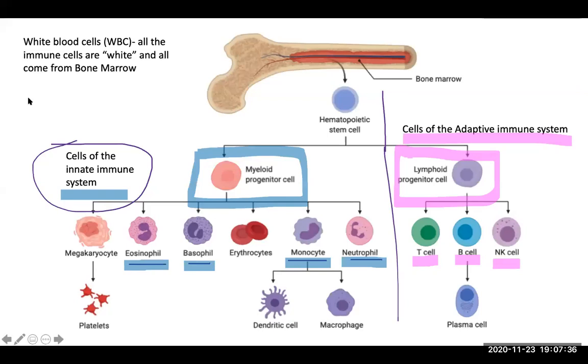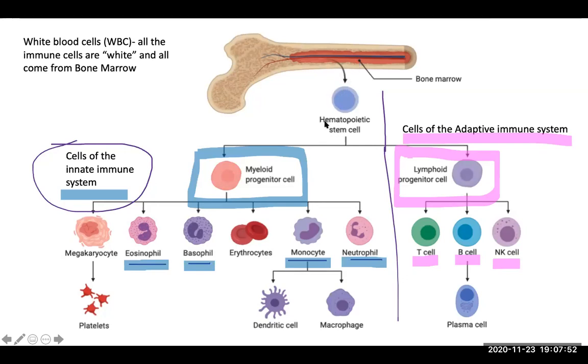So the immune system is composed of white blood cells, abbreviated WBC. And all of these white blood cells originate from the bone marrow. So you see the red bone marrow here.